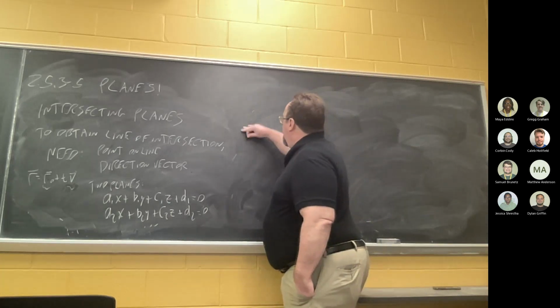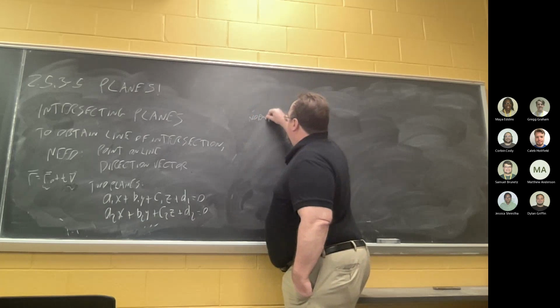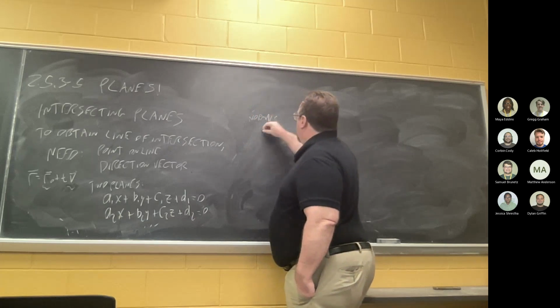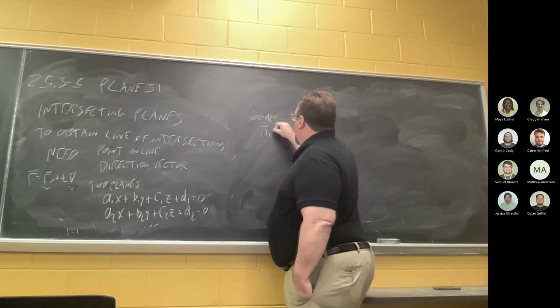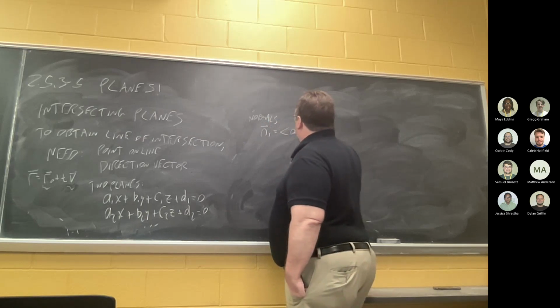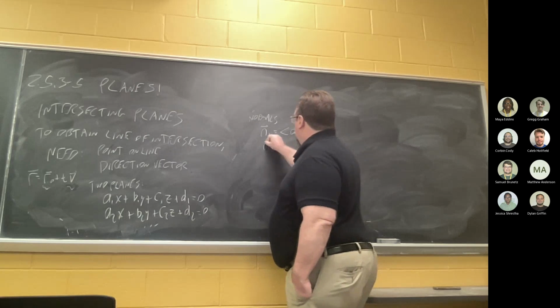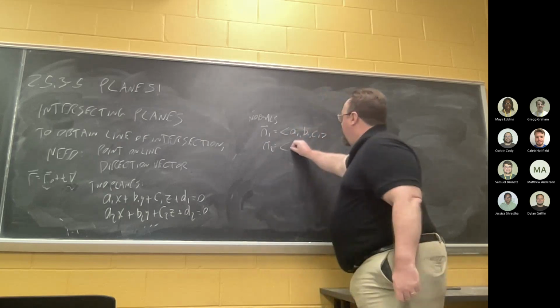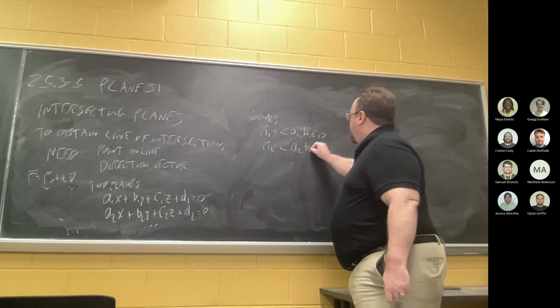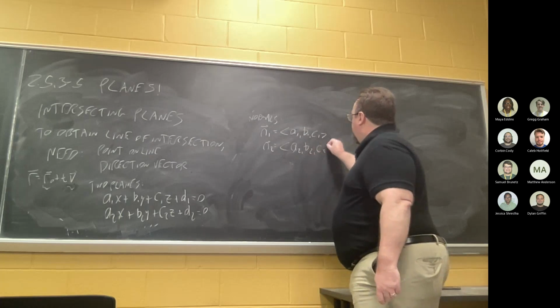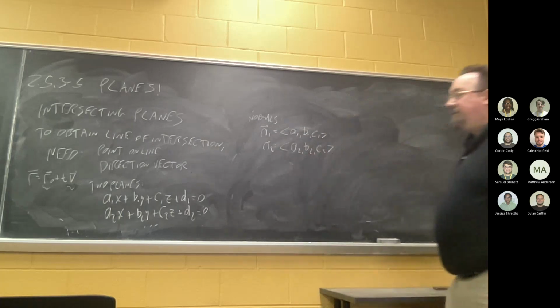So the normals of the planes are N1, which consists of components A1, B1, C1, and for the second plane we have normal N2, with components A2, B2, C2.